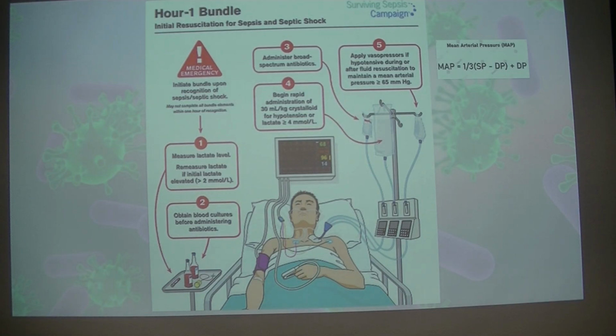So that's something that we are beginning to do, and it's important that we actually follow through on. Maintain a MAP of 65, so there's our equation for MAP. Crystalloids of 30 milliliters per kilogram if we need to, vasopressors.